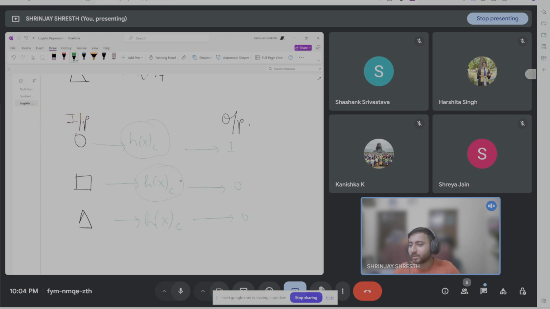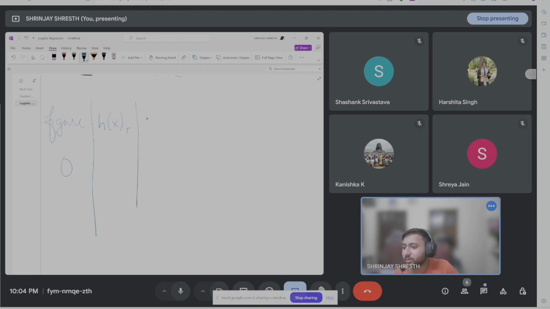Now look at it this way. Let's say your figure is a circle. You can have a hypothesis function for triangle, a hypothesis function for circle, and a hypothesis function for square.